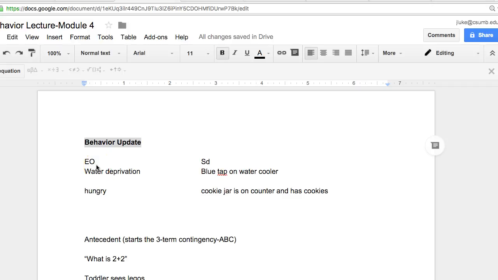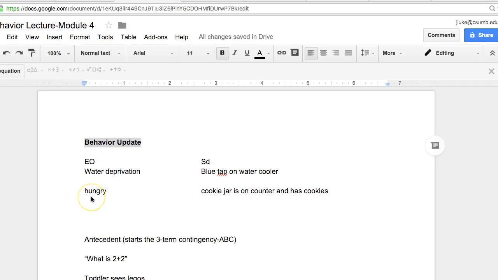Remember, that can be seen as sort of a motivation, if you will. So the state is that the person is in water deprivation. The SD, remember what signals that reinforcement is possible, is that there's a blue tap on the water cooler.